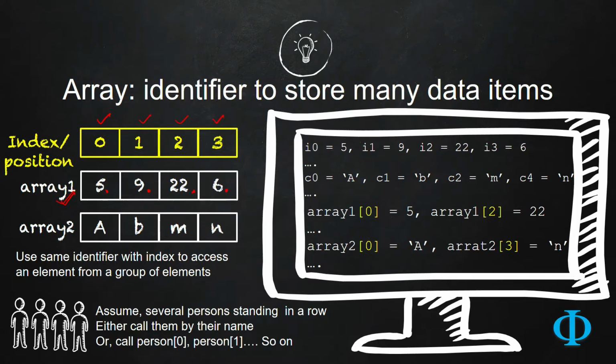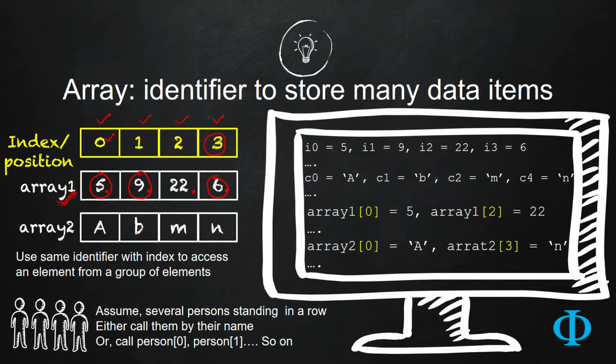For example, the zeroth item, or the item at index 0 of array 1, is 5, the item at index 1 of array 1 is 9, or the item at index 3 of array 1 is 6, something like this.